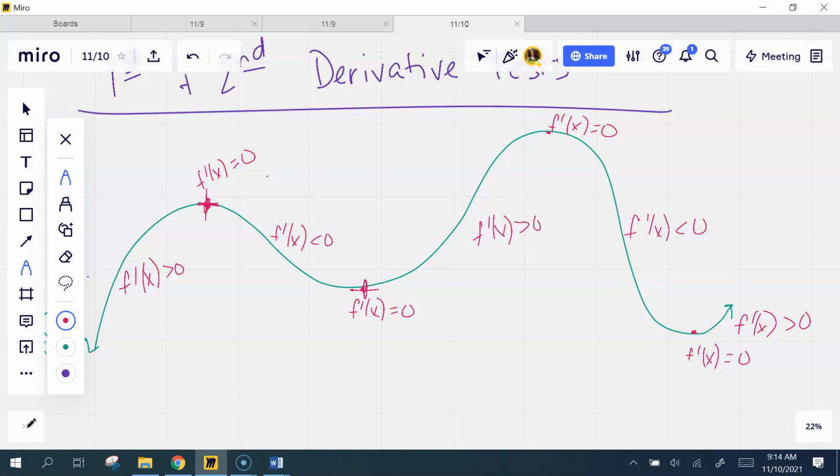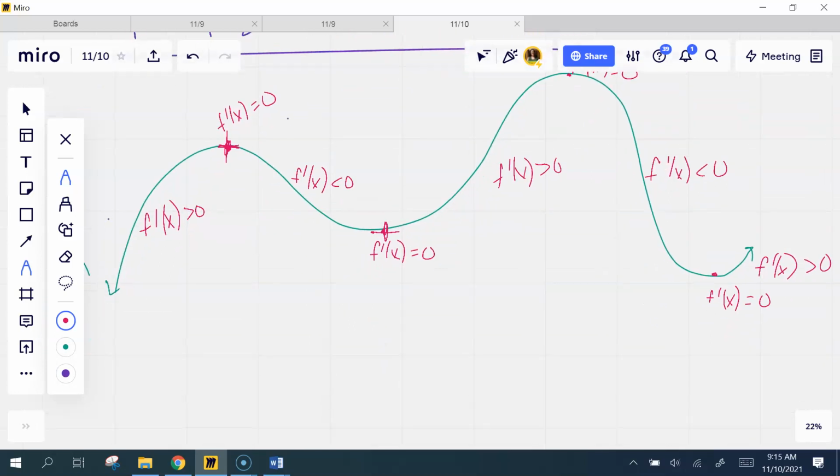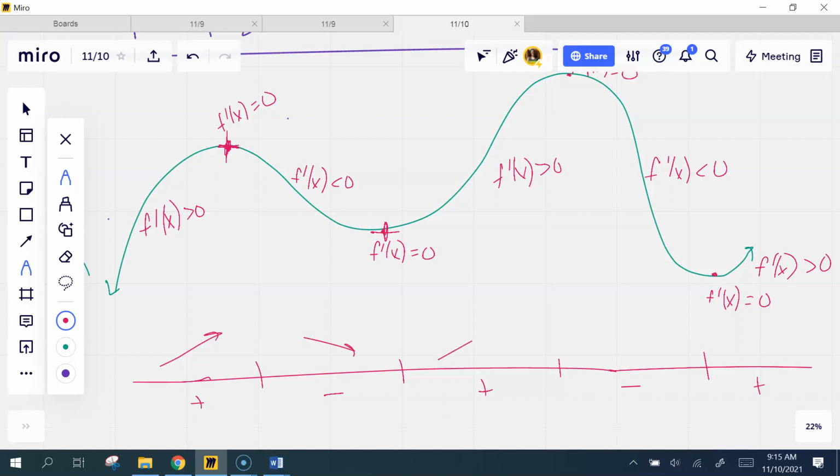And that's exactly what we've been doing, right? We've been doing these sign charts, and we find every place where it's 0. And then we look at the derivative, and we say, well, the derivative here is positive, negative, positive, negative, positive. And so we know the function is increasing.